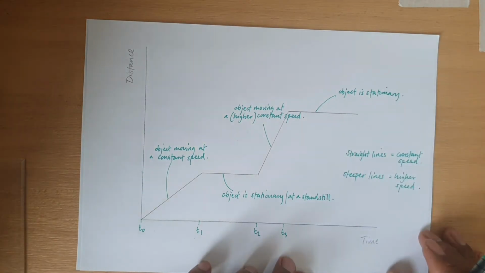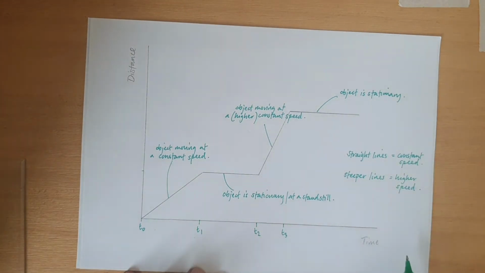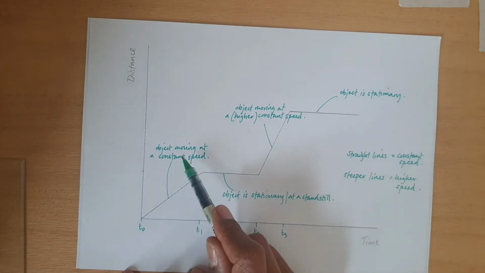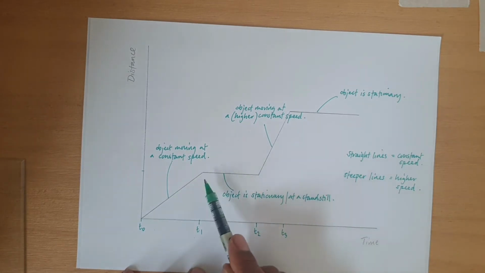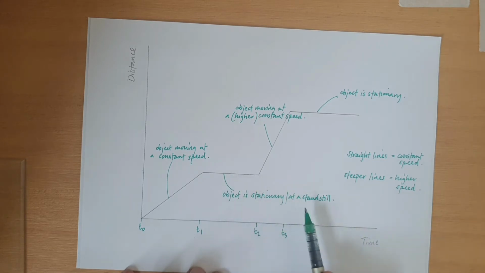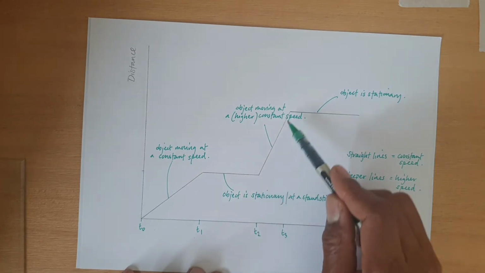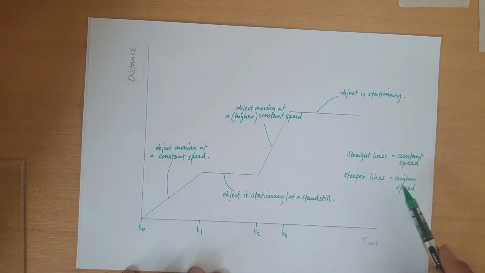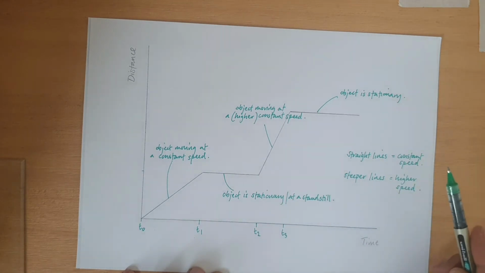So that's really all you need to know about distance time graphs. Lines that aren't horizontal but are straight, so kind of inclines, show objects that are moving at a constant speed. Lines that are horizontal show objects that are stationary, and how steep the line is shows you how fast the object is moving. Steeper lines mean a higher speed.